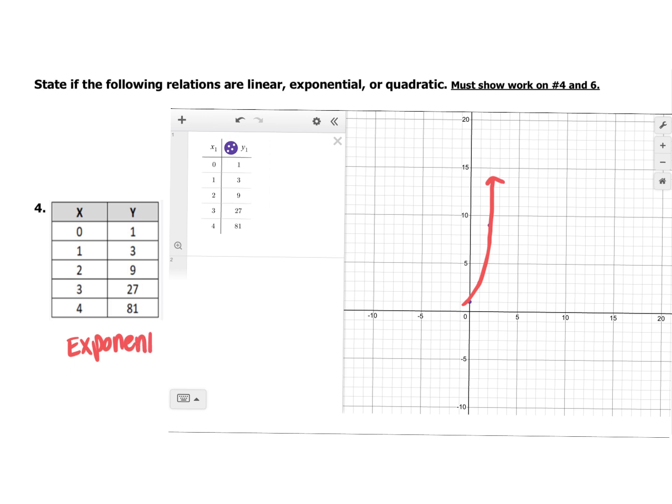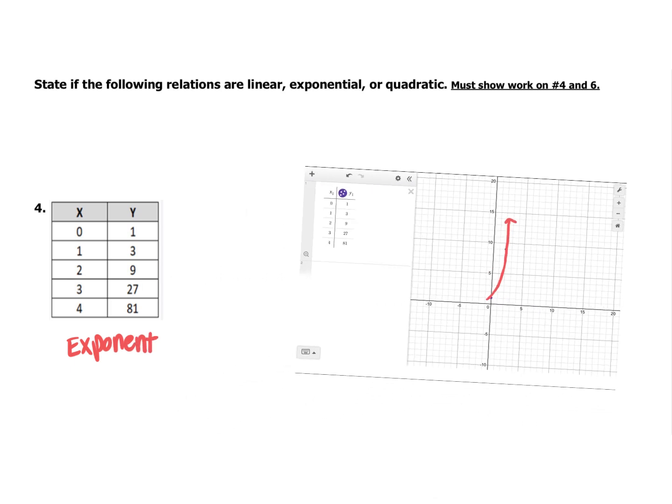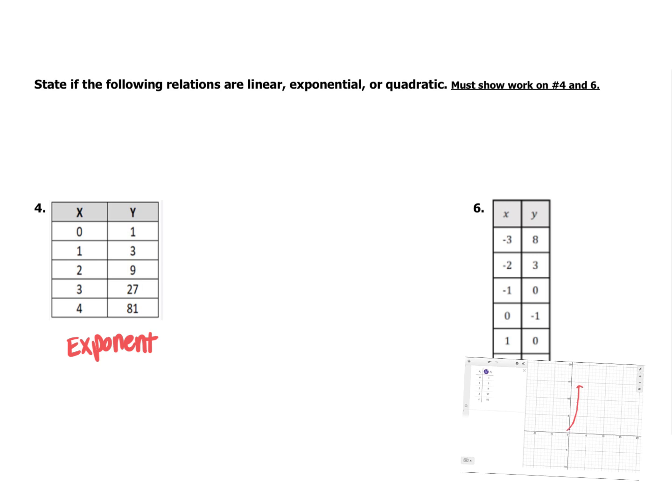Now, for exponential, I know that in order to move through my table, I have to be multiplying by the same number, okay? So let's just check to see if we're multiplying by the same number. Well, 1 times what gives me 3? Well, 3 divided by 1 is 3, so that means I'd multiply by 3.